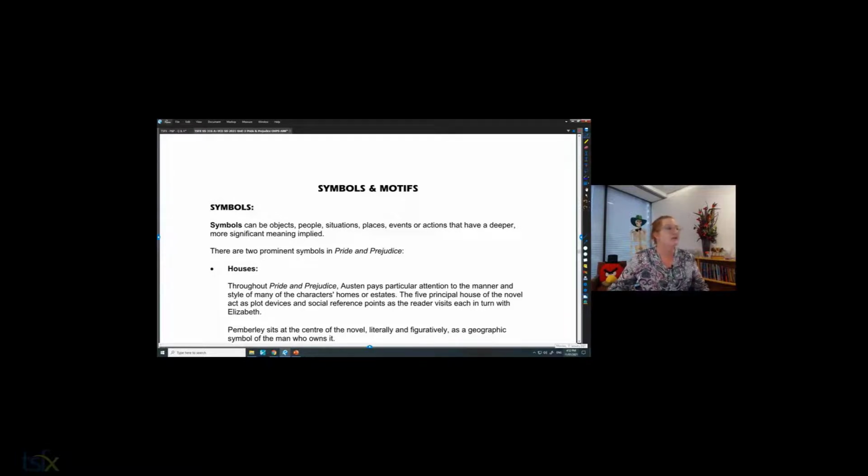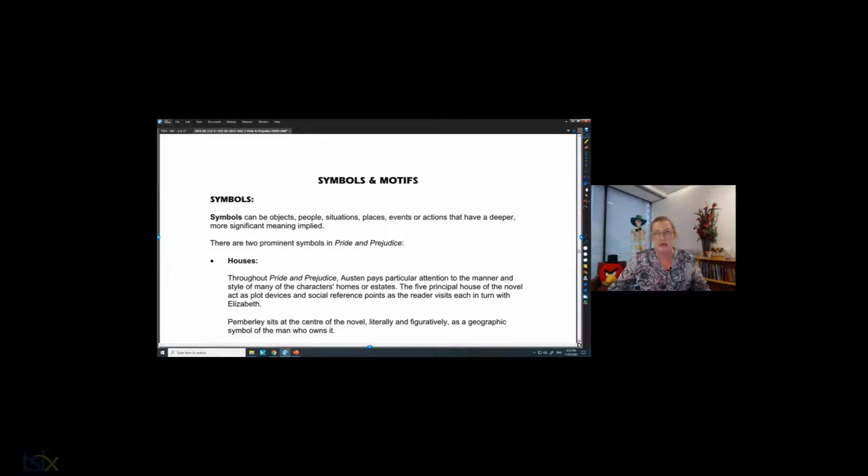I don't really care if you get the two terms confused, that's okay. A motif is just more patterned, more repetitive than a symbol. Don't get too worried about it, but I do want you to understand that there are some really important symbols and motifs. They are technically different.